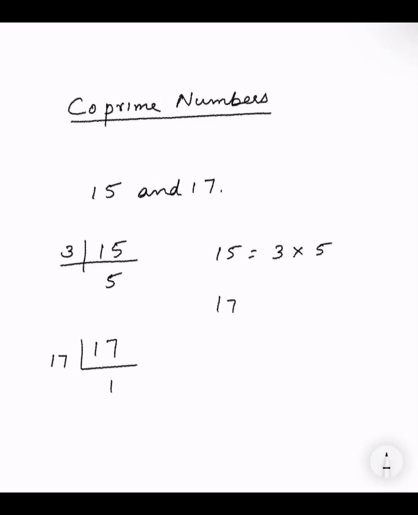So 17 is 1 into 17. There is no common factor between 15 and 17 other than 1. So the numbers whose HCF is 1 are called coprime numbers.